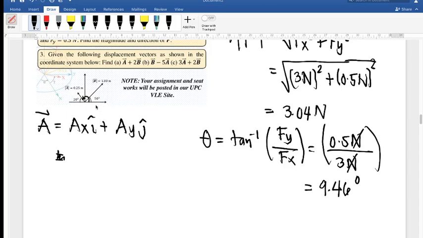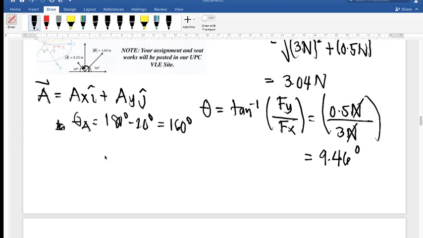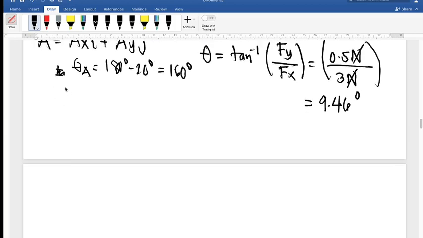So what you're going to do is your theta A is just equal to 180 degrees minus 20 degrees para makuha mo itong angle na to. So from the positive x-axis pointing towards the vector A, that is equal to 160 degrees. Then proceed to getting the components.